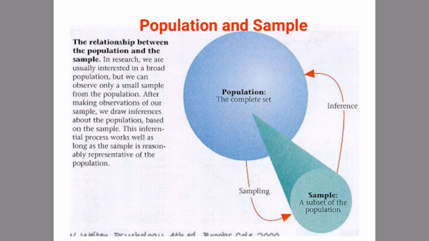So the purpose of sampling is to select a random sample to represent the population, and then we describe the characteristics of the sample, and then infer the characteristics of the population. That is what the population is, what the sample is, and the relationship between the population and the sample.